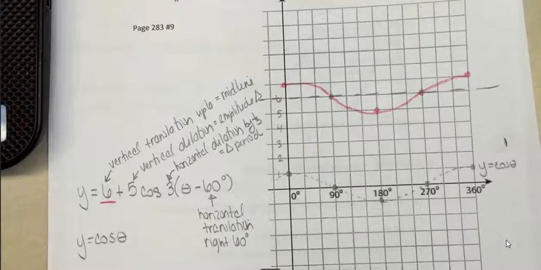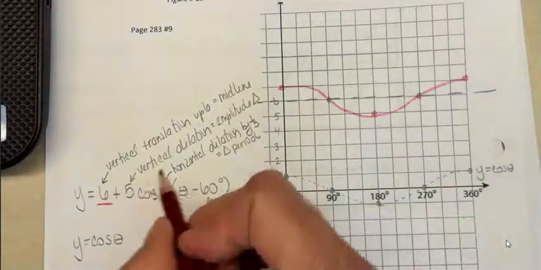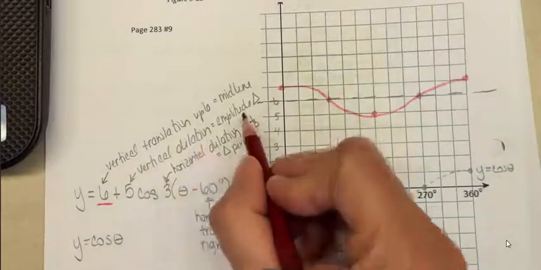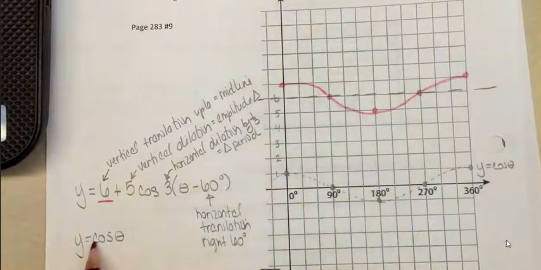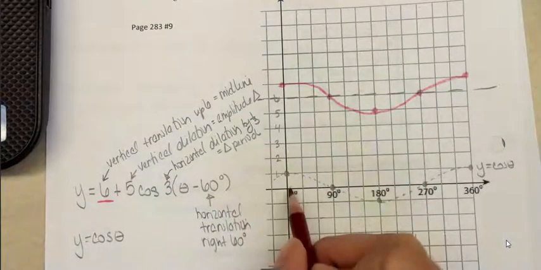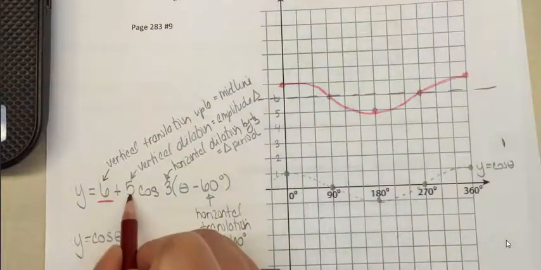In addition to that, I've also got this vertical dilation. How about I use a rust color? This vertical dilation changes my amplitude. In my parent graph, my amplitude is just 1. But now I know that my vertical dilation is by 5.